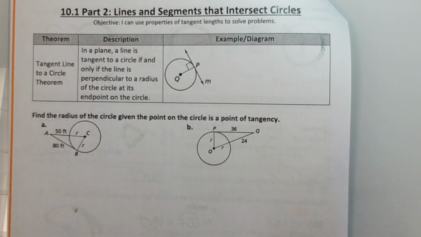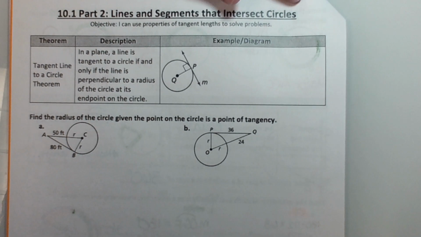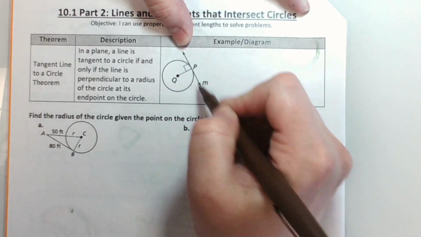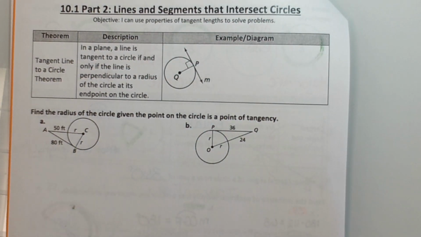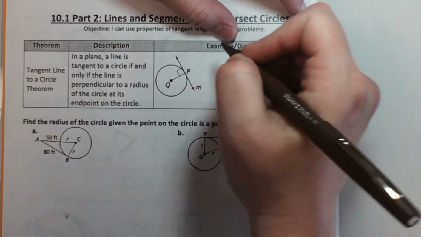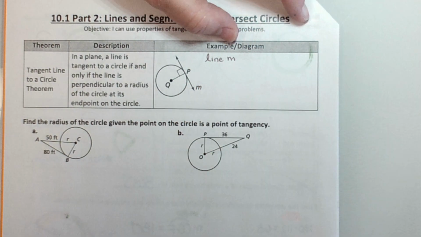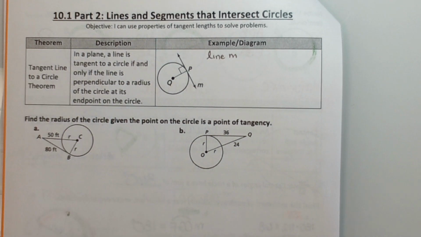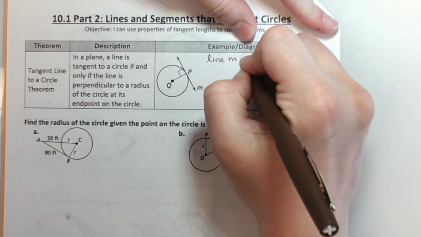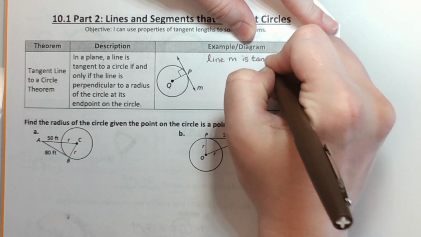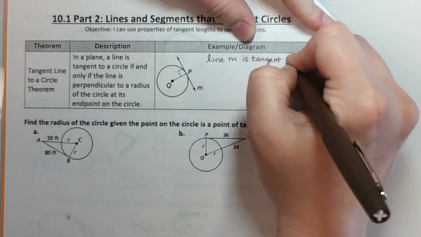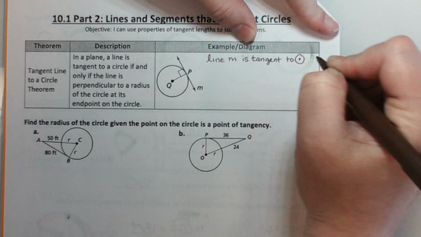So, in a plane, a line is tangent to a circle. In this case, this is the line. Generally, we name lines by 2 capital letters if there are 2 points on the line, but there was one exception to that rule, and it's if it had a little lowercase letter by the arrow. So this time around it has that. Line M is tangent to circle.